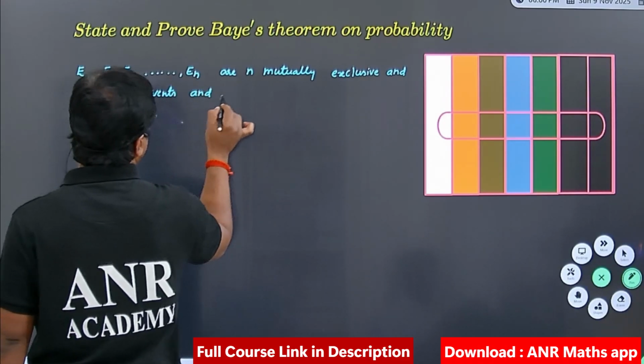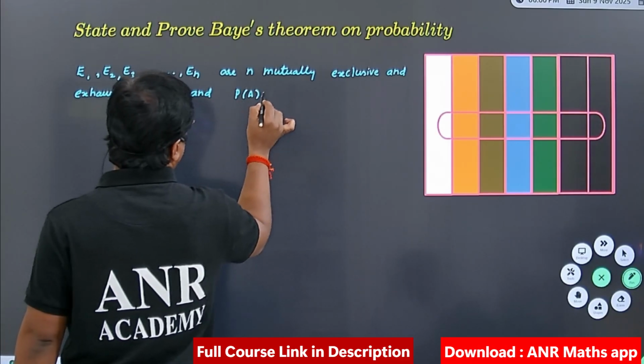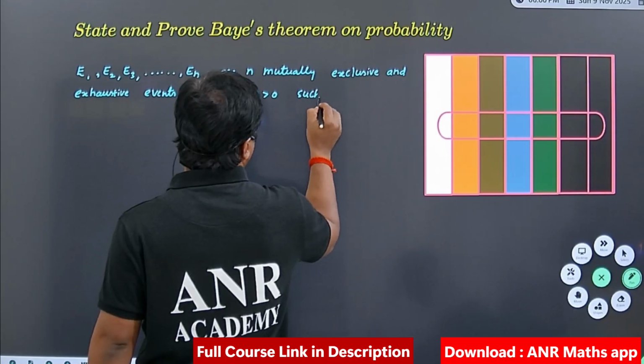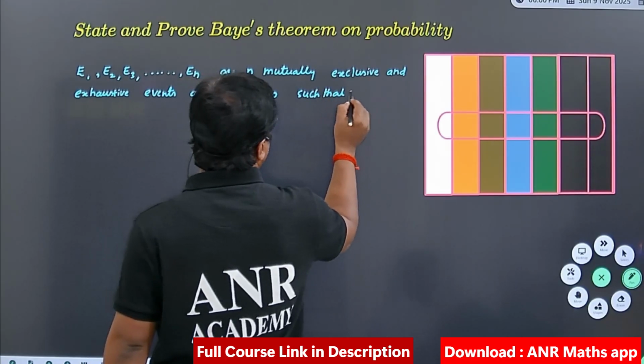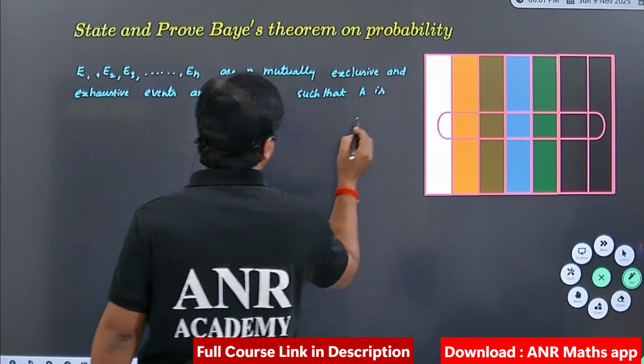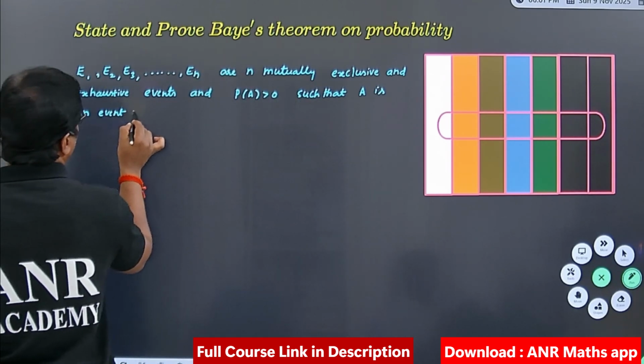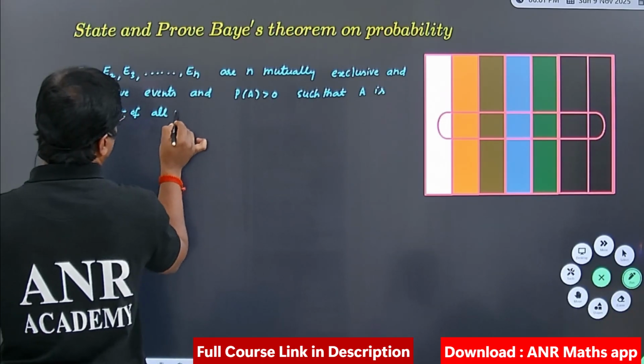And suppose that P of A is more than 0, such that A is an event of all Ei.